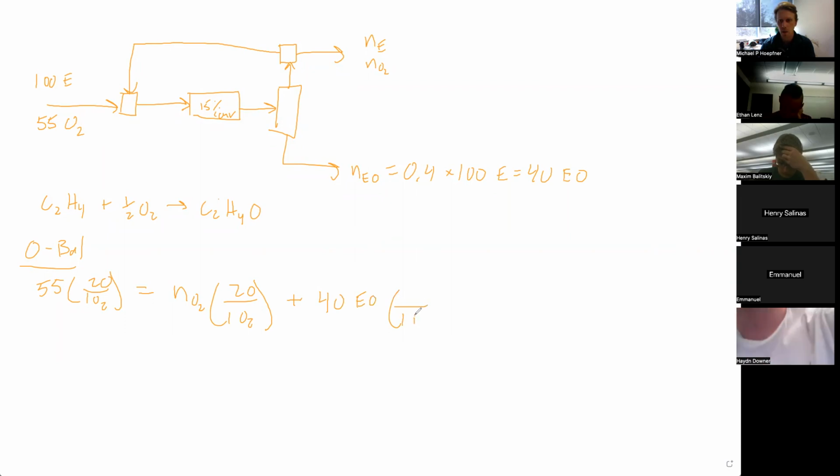For every 1 ethylene oxide, we have 1 oxygen. So this should result in, let's see, 110 minus 40, 70, 35. 35 O2.